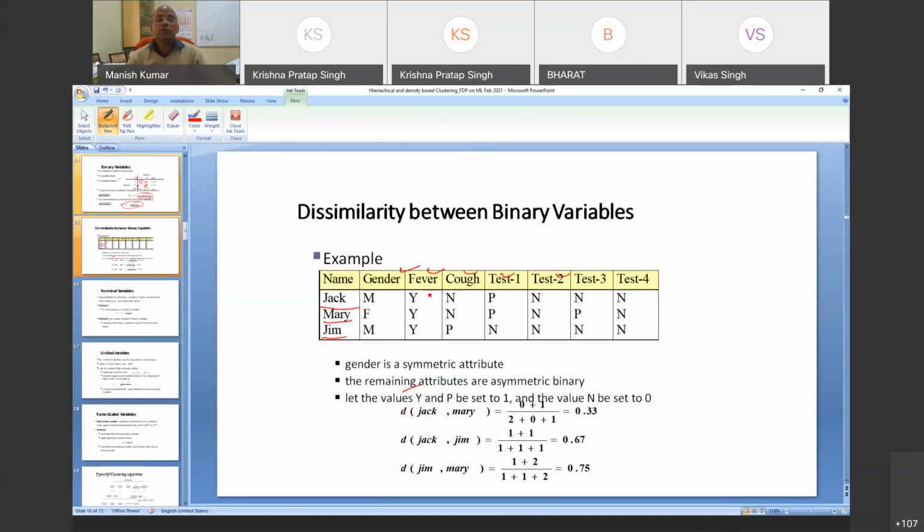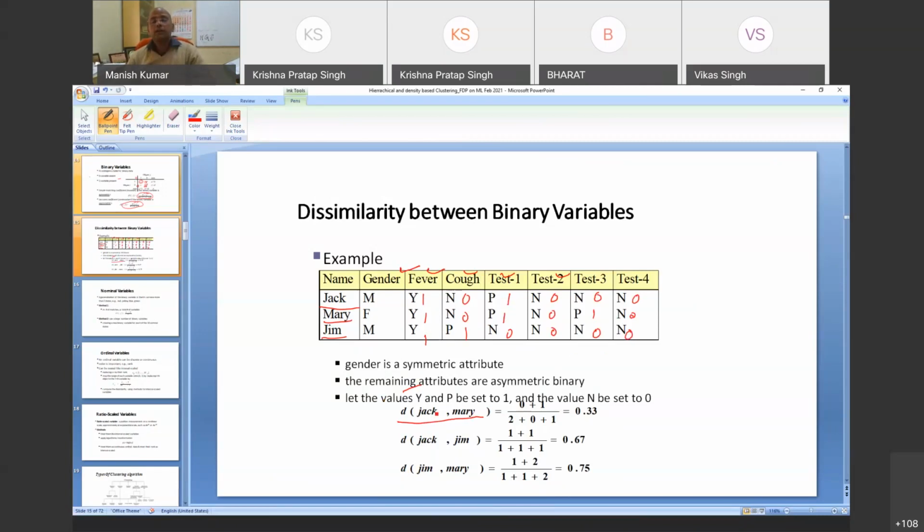So that means you are setting these to 1 1 1 0 0 1, then 1 1 0, then 0 0 0, then 0 1 0, then 0 0 0. Now if you look at the first formula, what is the distance between Jack and Mary?